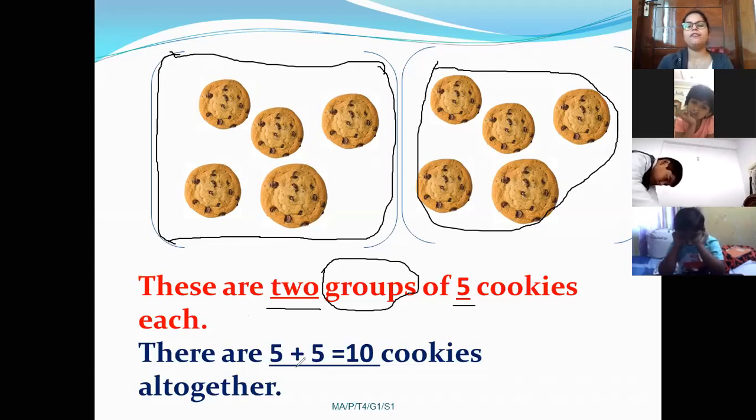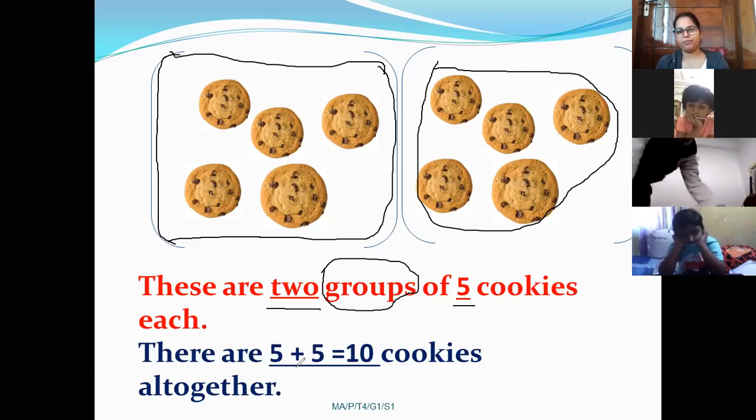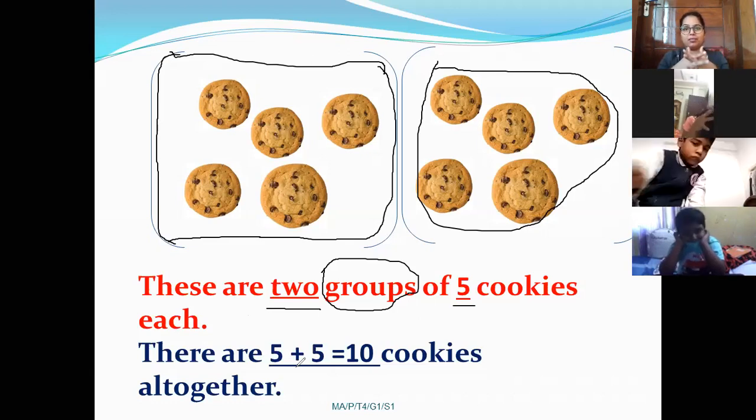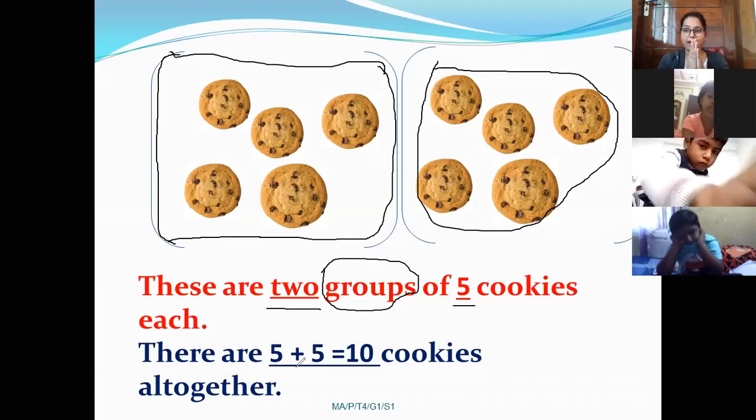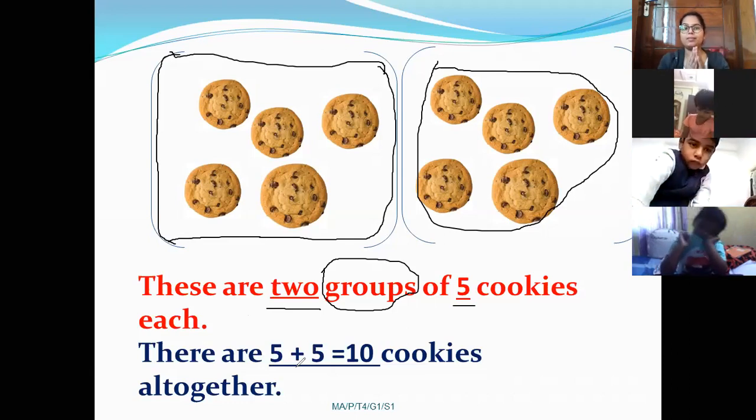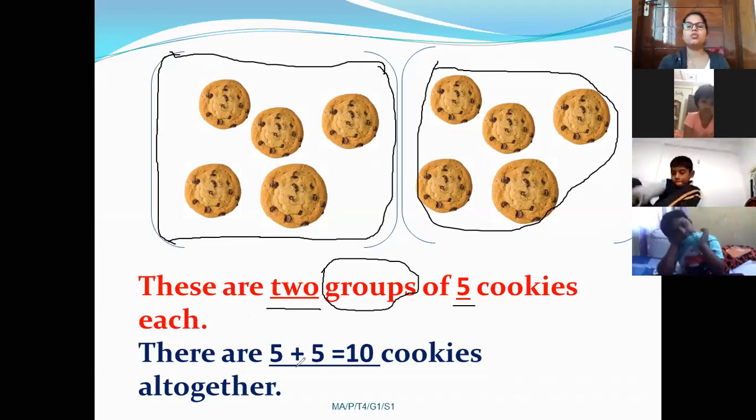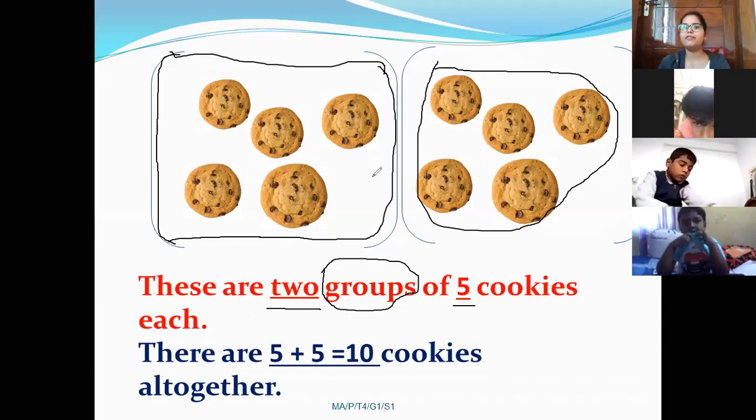Next, now if I want to write this in addition form. What do you mean by addition? Addition means when we combine something, when we join something, or when we put together something. This is known as addition, right? Now if I want to denote these cookies, how many cookies are there? 5 cookies are there.